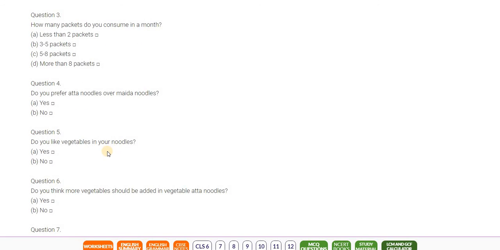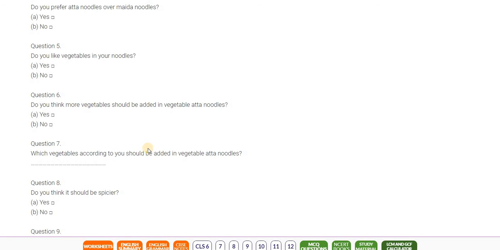Next one: do you like vegetables in your noodles? Yes or no, you can give. Next question: do you think more vegetables should be added in vegetable atta noodles? Yes or no, you can give as options. Next one: which vegetables, according to you, should be added in vegetable atta noodles? That one you need to mention.